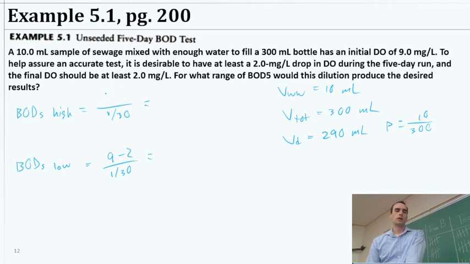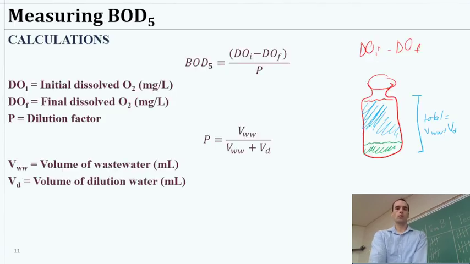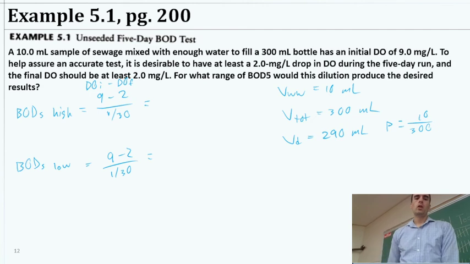But just to be clear what that means, we started with 9 milligrams, we ended with 2, and so this is our DO initial minus DO final, right? That was from the equation we just had there. So I meant 9 minus 2 there, sorry.